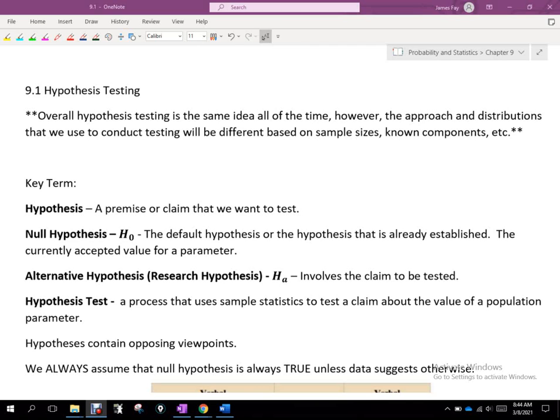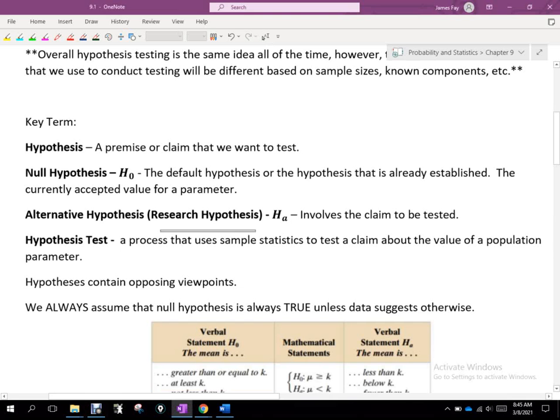We will always assume that the null hypothesis is true. That's the assumption that you make always. If we go back to what we call the null hypothesis, it's the default hypothesis. It's what is already established, the currently accepted value. So we're going to make the assumption that once we locate and identify it, it's true, until our data provides evidence to the contrary.